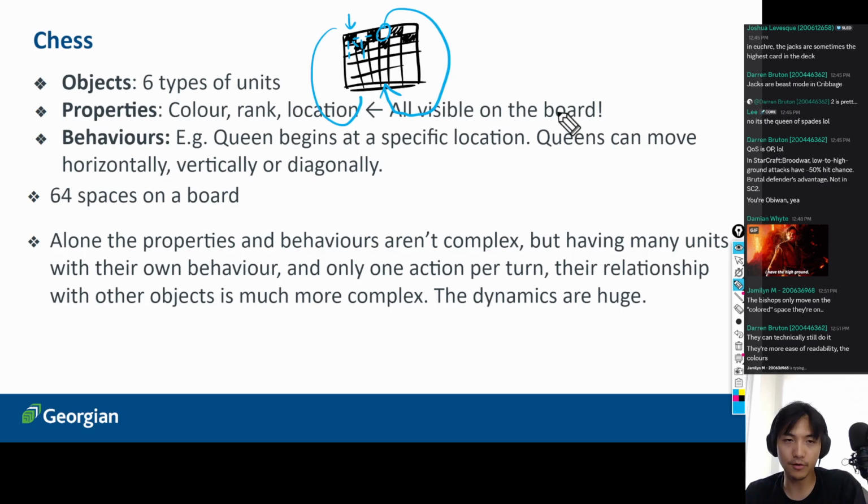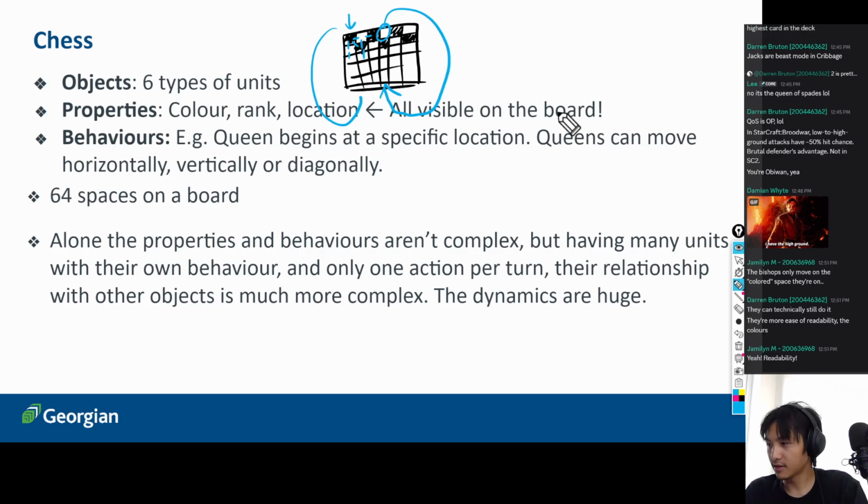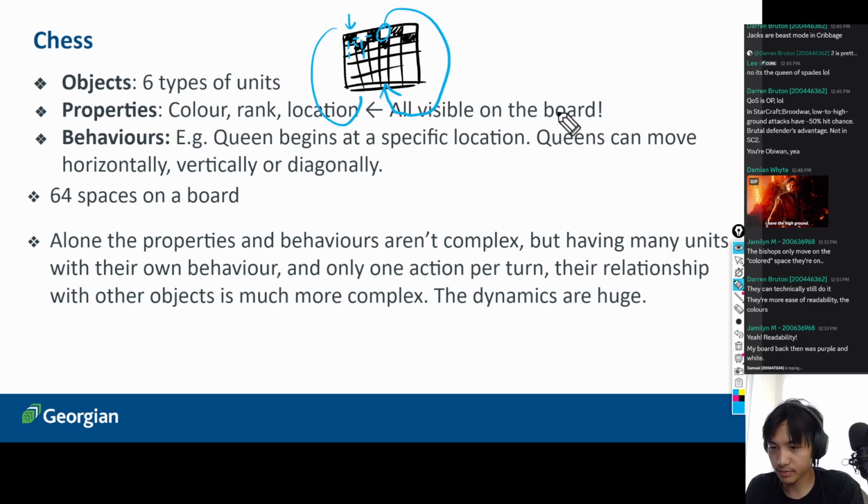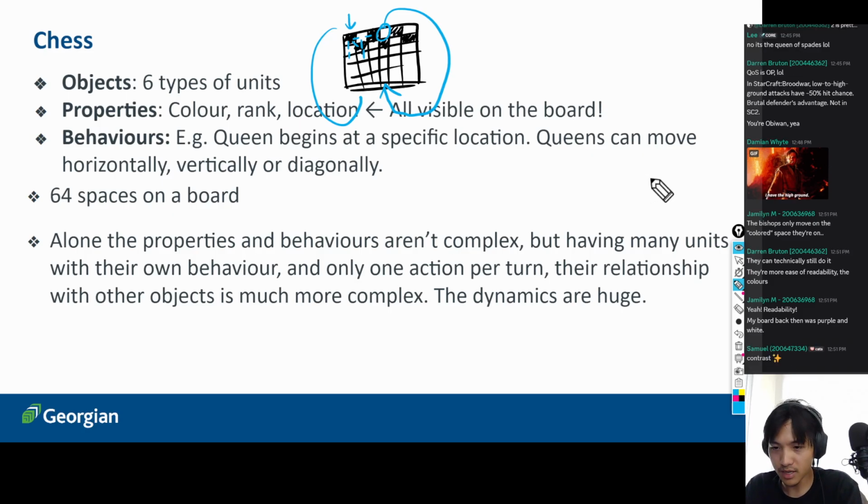The colors on the board are for legibility. They're not required. Legibility is definitely important. Like being able to see the board and read it and understand is definitely important. Don't get me wrong. It's just not technically required to be able to play the game.